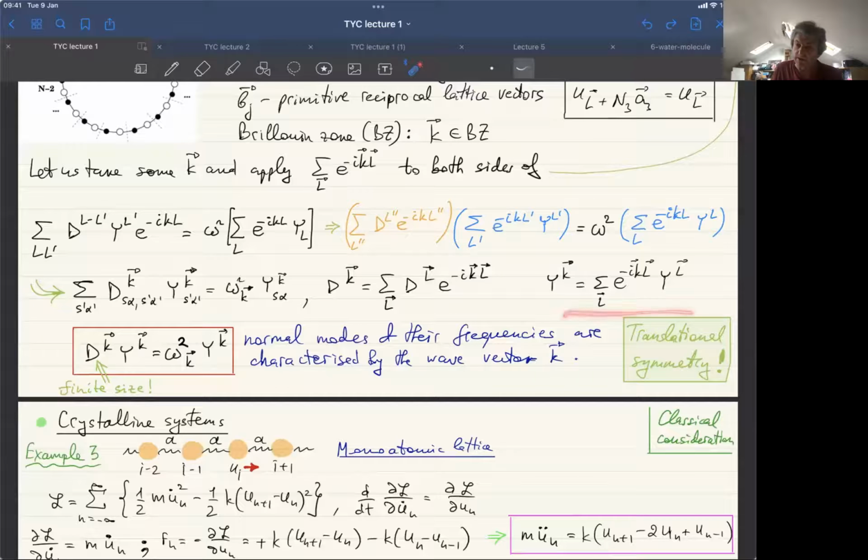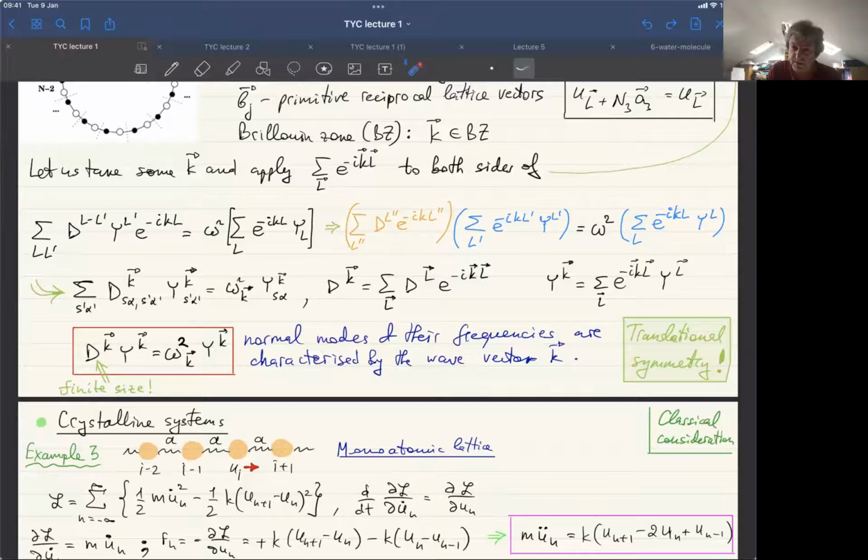Why this expression where we sum over all L? And basically that means that by determining all solutions for all possible values of K, we will be able to describe the oscillations, vibrations of that crystal.